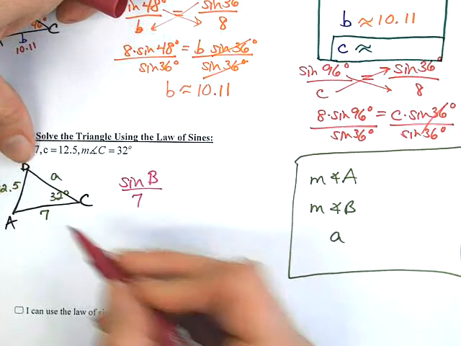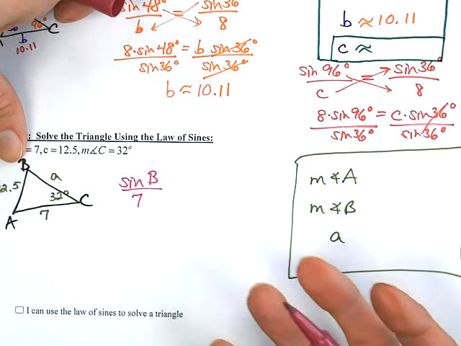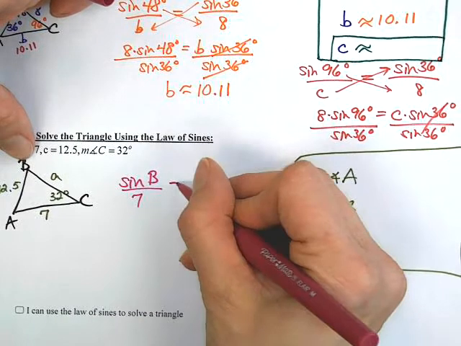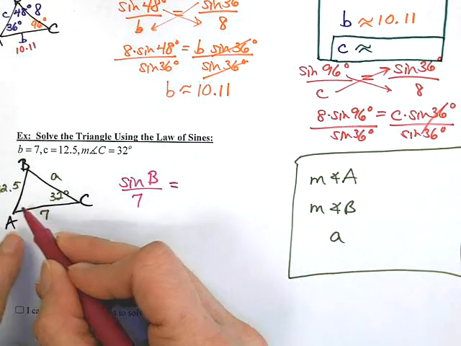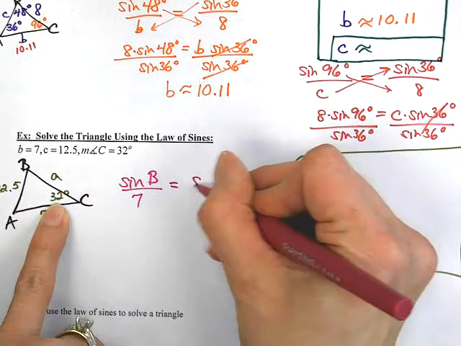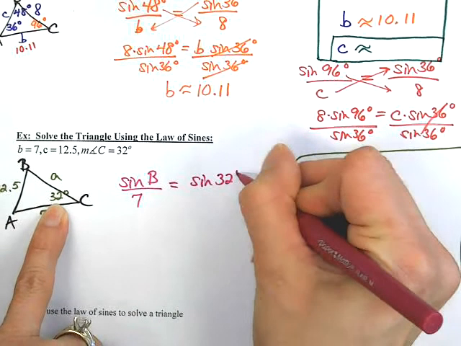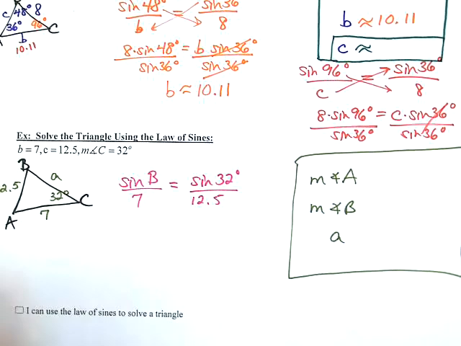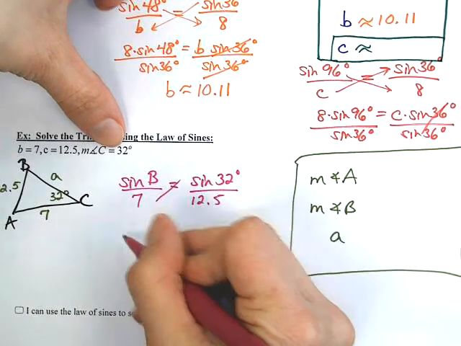People ask me, well, how do you know? Well, just start to try it. If you have too many variables, try again. Try the other angle. For instance, here I can't say angle A with A. I'll have to do sine of 32 degrees. That goes with 12.5.